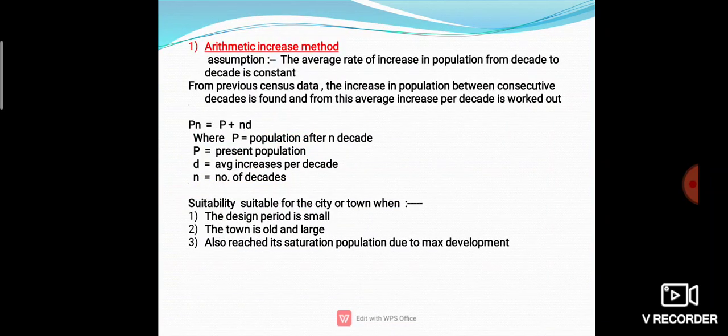So there are some assumptions we have to consider in the arithmetic increase method. The first assumption is that the average rate of increase in population from decade to decade is constant.